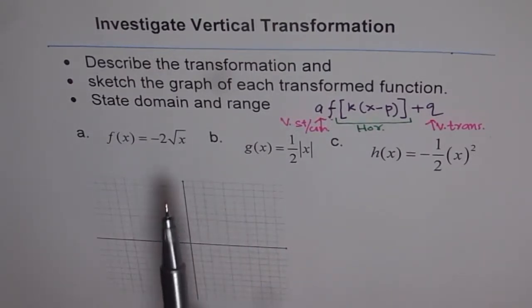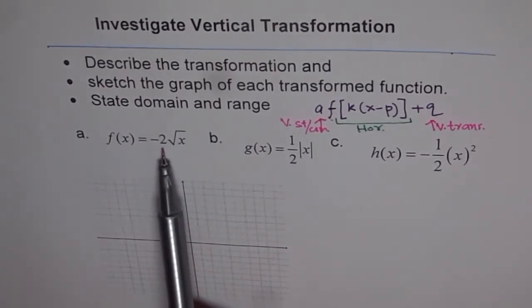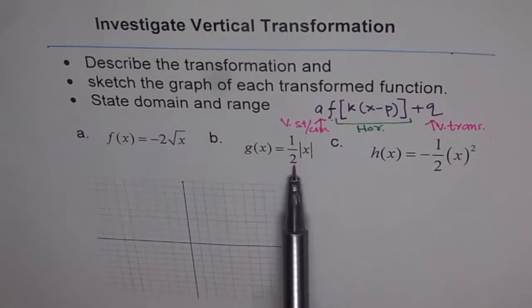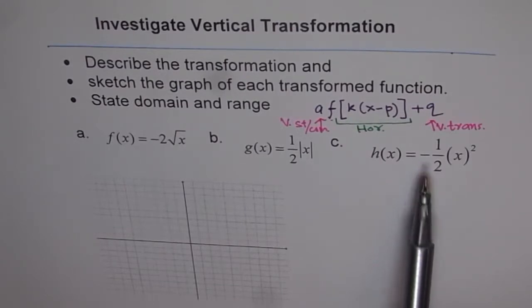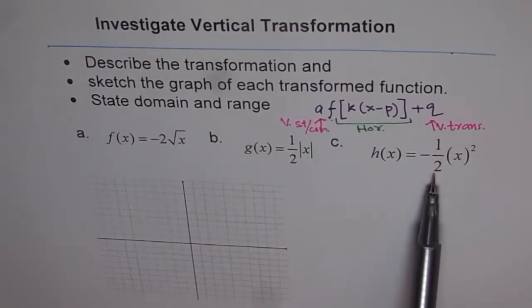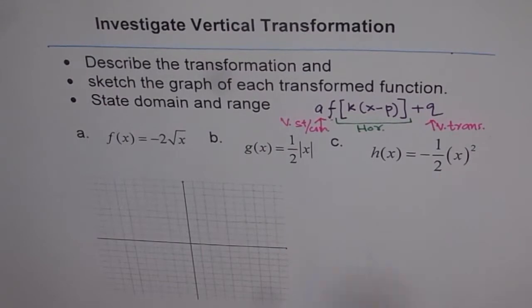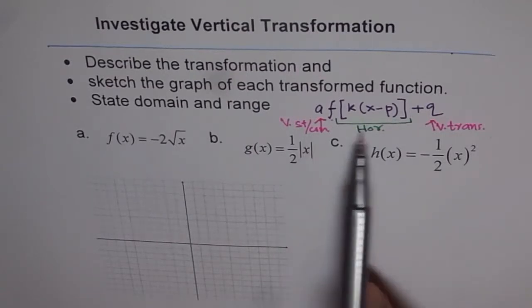Do you see that? 2 is a vertical stretch, and half here is a vertical compression by a factor of half. Minus is reflection on the x-axis. So that is how you need to explain your transformations, right? This is just to give you an idea.